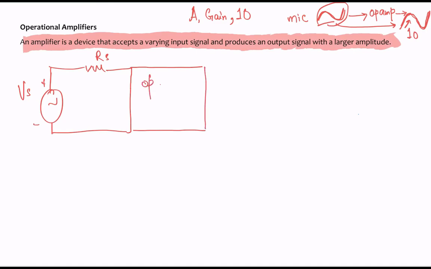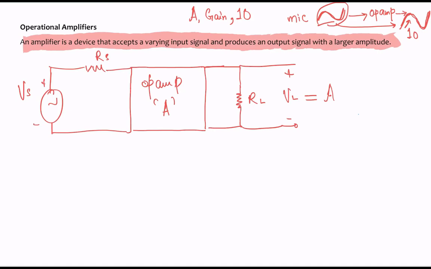Our hope would be that this operational amplifier has some kind of gain, say A, and that the output, which will be some kind of resistive load, again this could be a speaker or whatever, the output voltage across this resistive load, is going to be an amplified version of the input signal, which is VS.